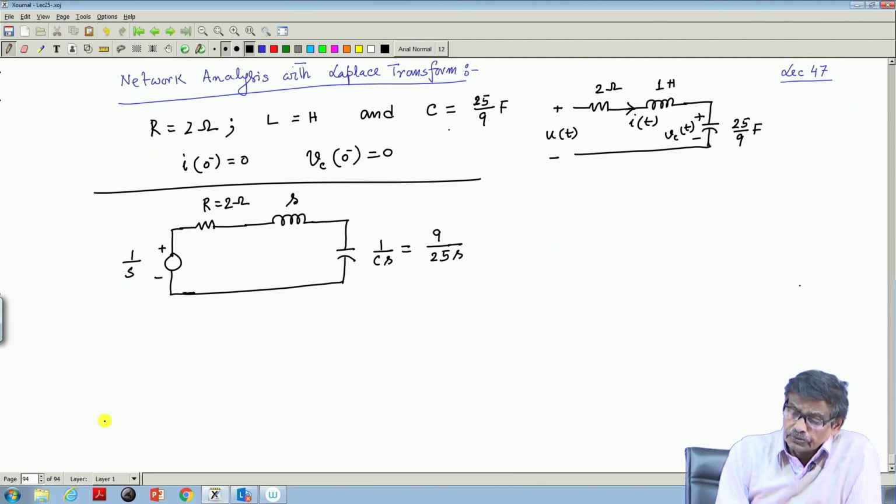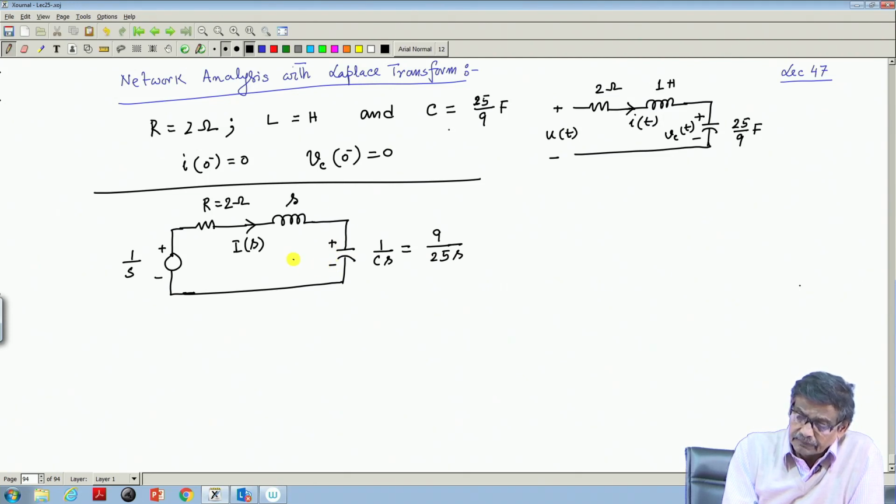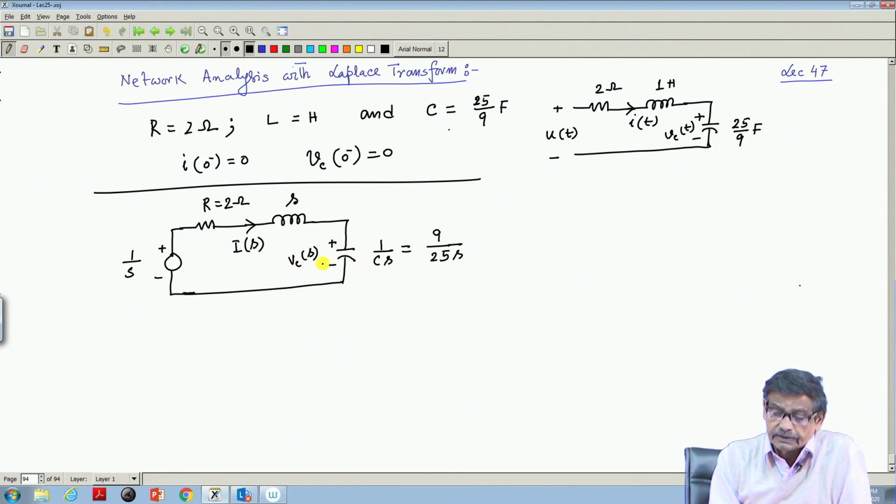So, we want to know what is the current in the circuit and what will be the voltage across the capacitor plate. So, everything you show as a function of S. So, the total impedance of the circuit is Z(S), all are in series.